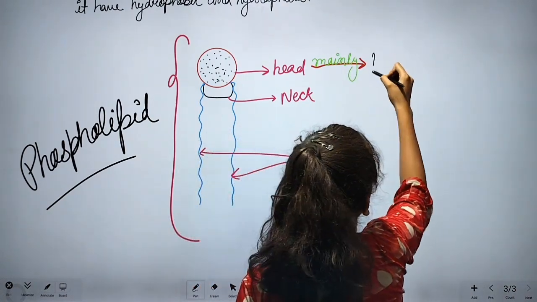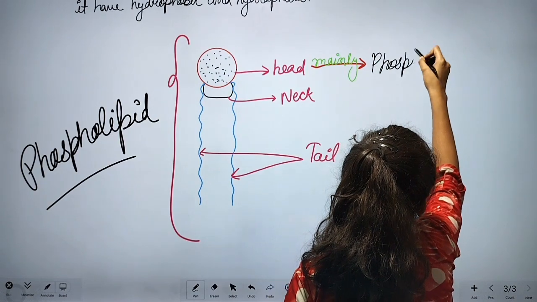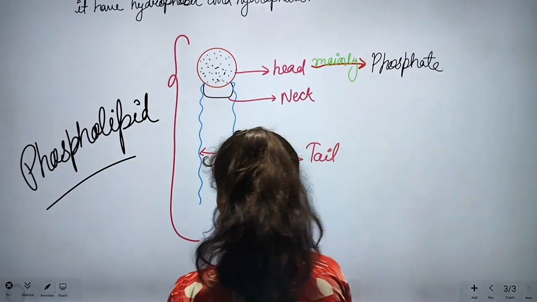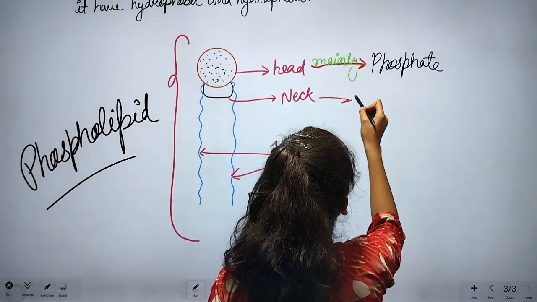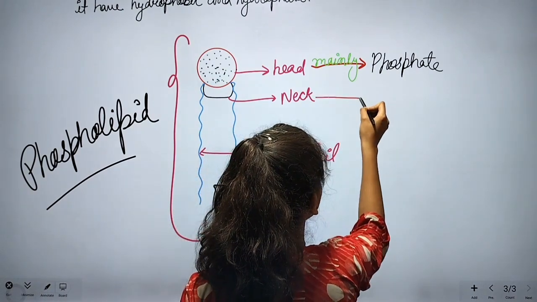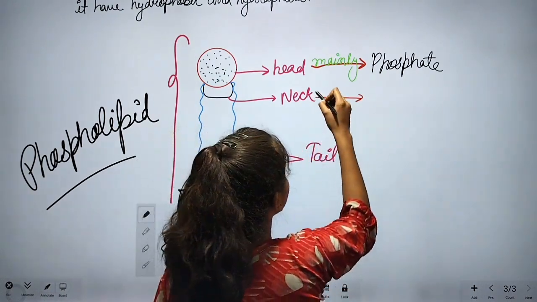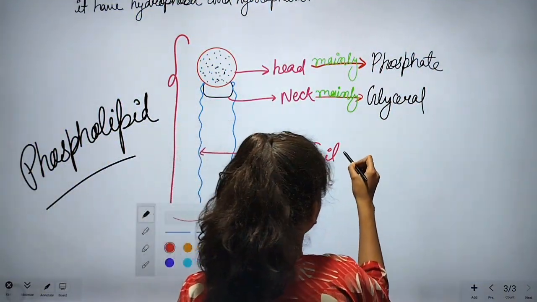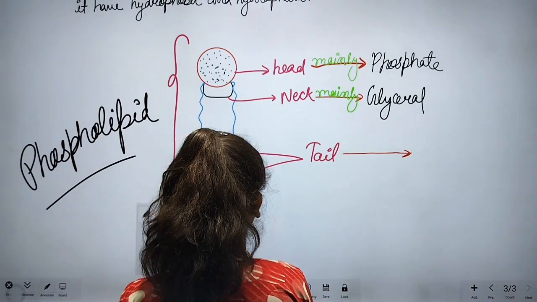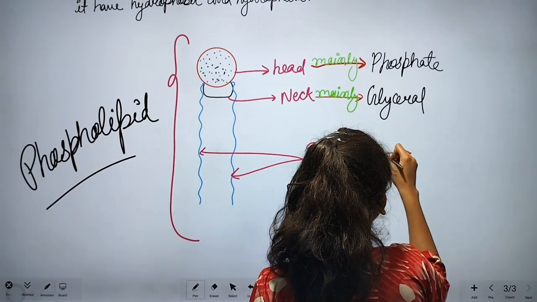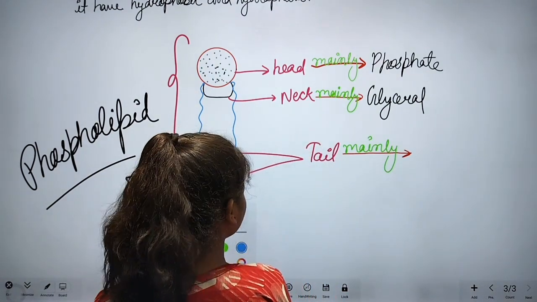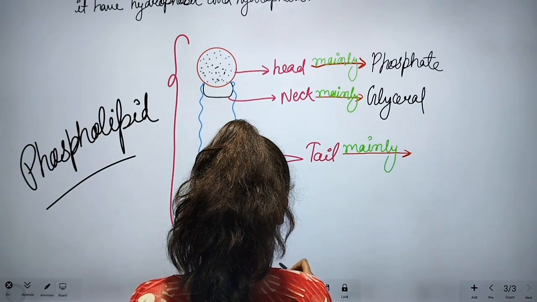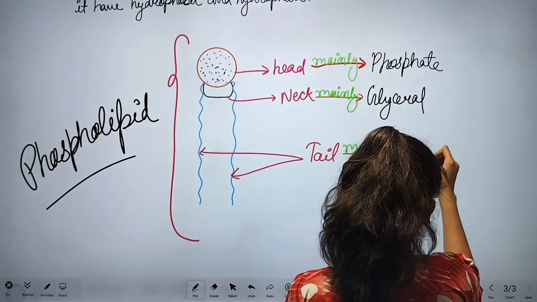The neck is mainly composed of glycerol, and the tail is mainly composed of fatty acid.